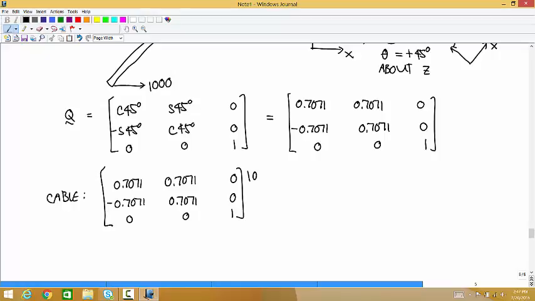Yep. And you get 707.1, negative 707.1, 0.